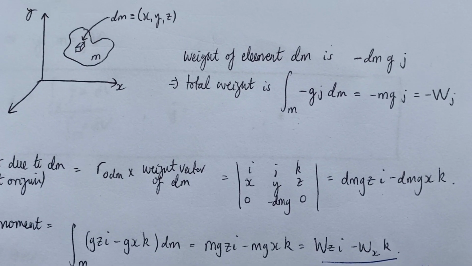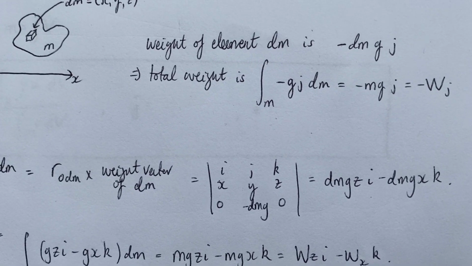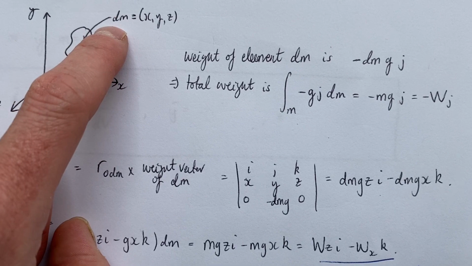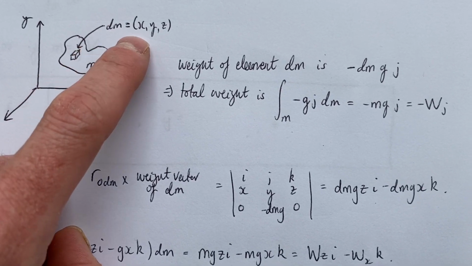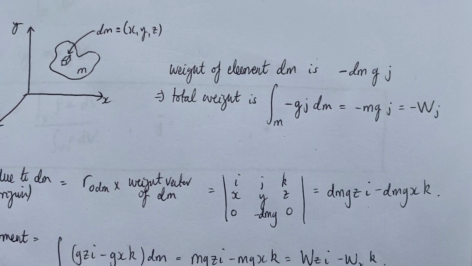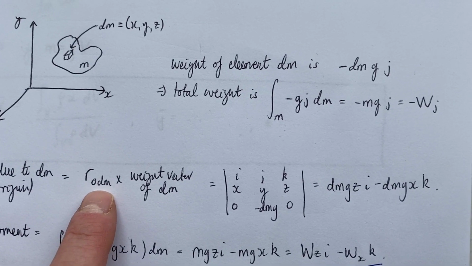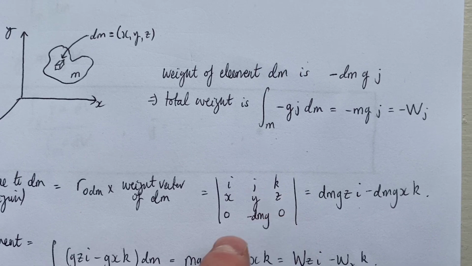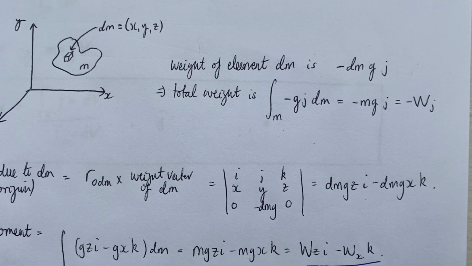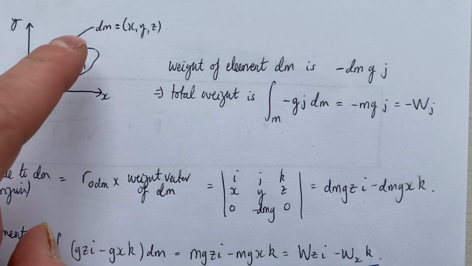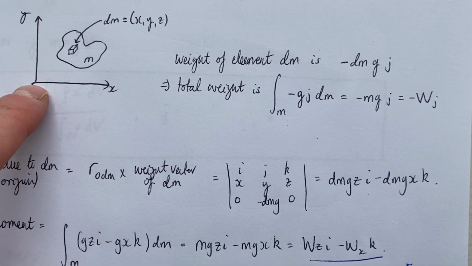We set up here the little piece dm positioned at coordinates x, y, z, so our position vector from the origin to the little piece dm is just given by x, y, z. Because to get the position vector, we take the position of this piece and subtract the position of the origin.